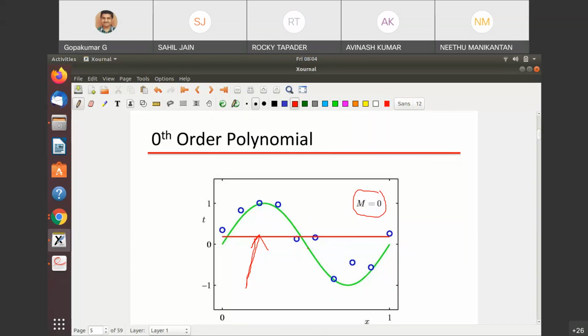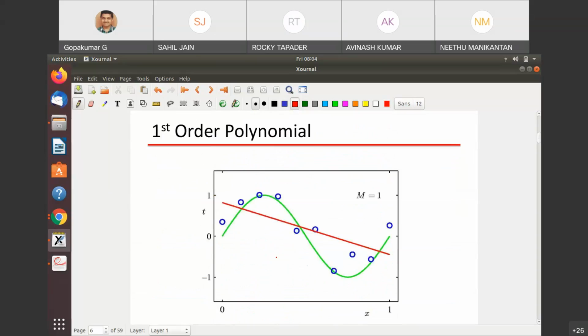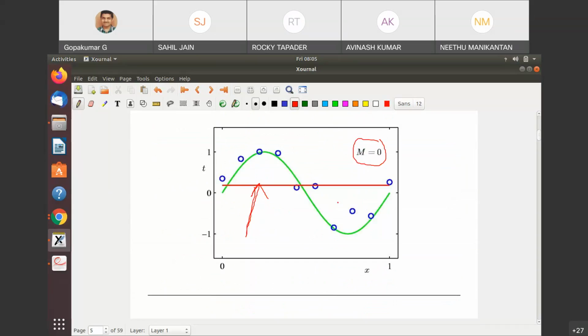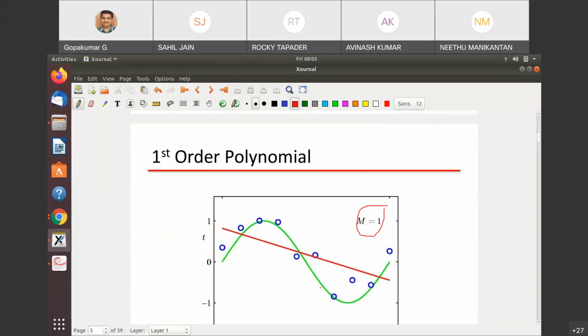We know that there is a noise component also, so that is why the blue points are shifted away from the original sine 2 pi x function. That is the m is equal to 0 case. For m is equal to 1, we have a straight line, so compared to the constant case we have a better fit.